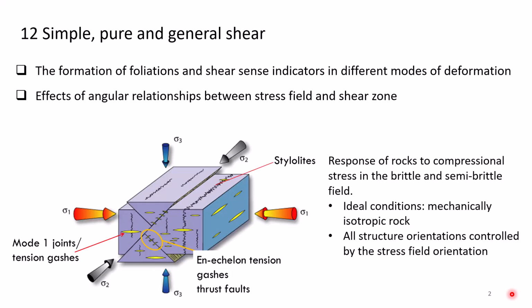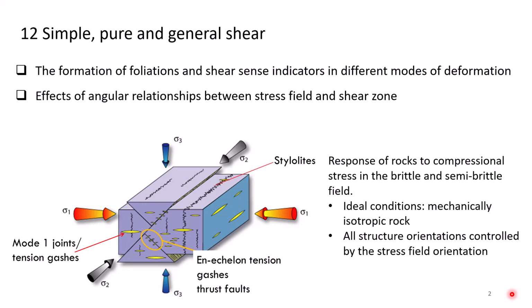In an ideal case, in rocks that are mechanically isotropic, structures of deformation should always be controlled in their orientation by the orientation of the stress field, and they should form in orientations that correspond to the stress vectors, particularly to the orientation of sigma 1 and sigma 3.